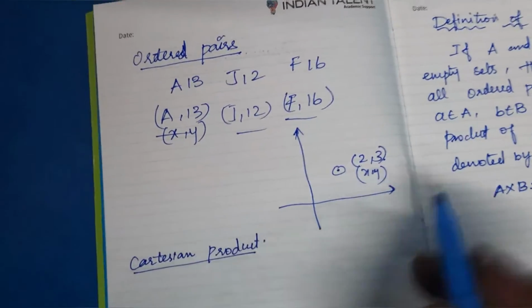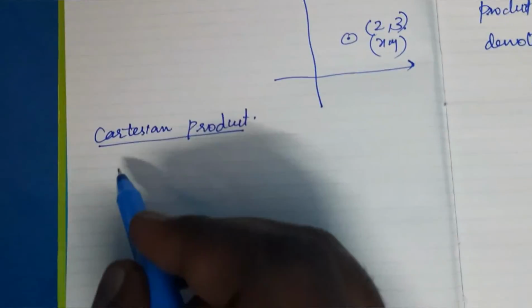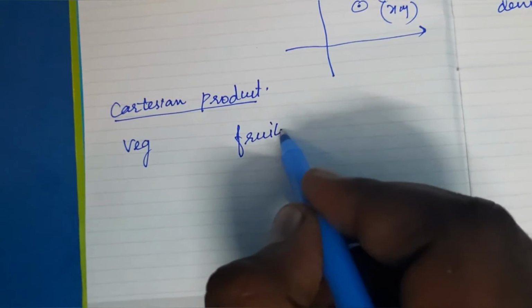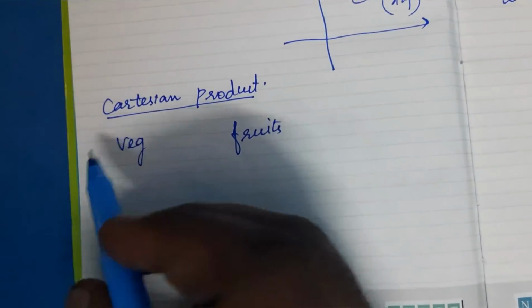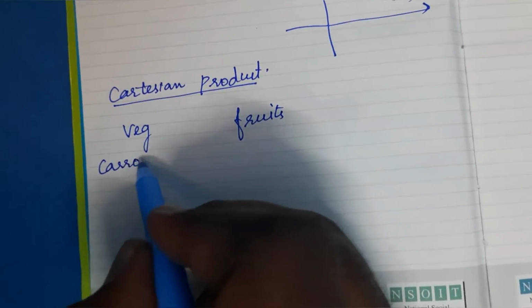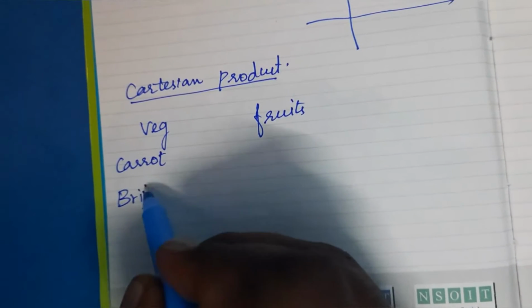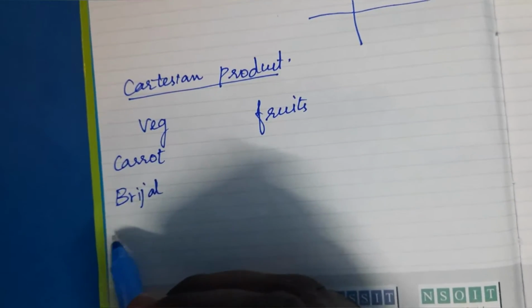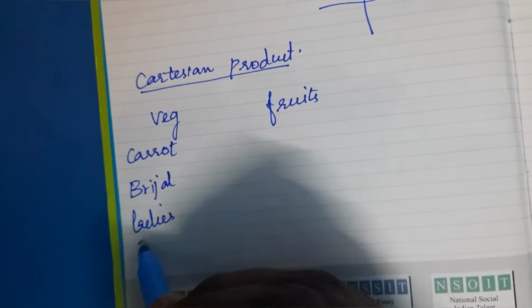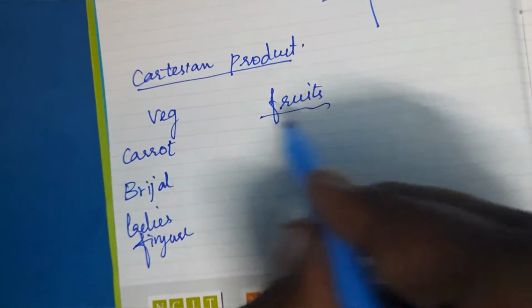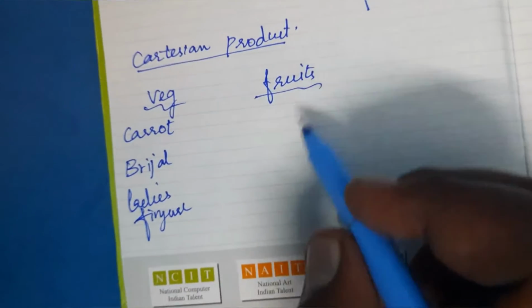Suppose we consider two sets, vegetables and fruits. Here the first one is carrot, and brinjal, and next lady's finger. What are the fruits we are considering?